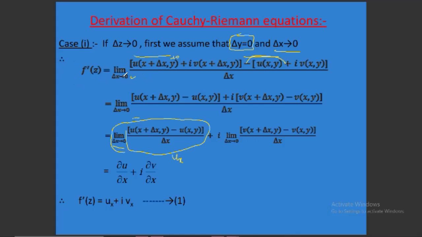And similarly, this term is i into the limit del x tends to 0, which is nothing but partial differentiation of v with respect to x. So, f dash of z is equal to u x plus i v x. Mark this as equation number 1. I think it's clear for you.